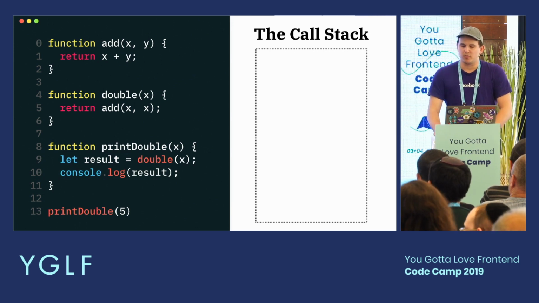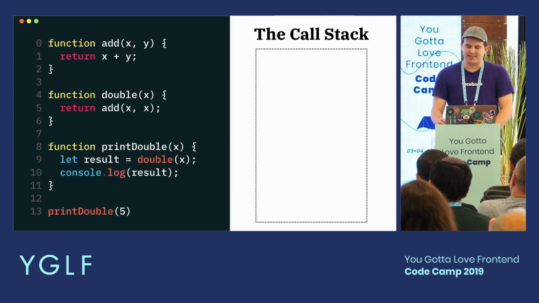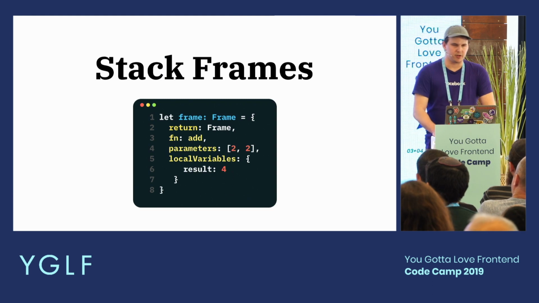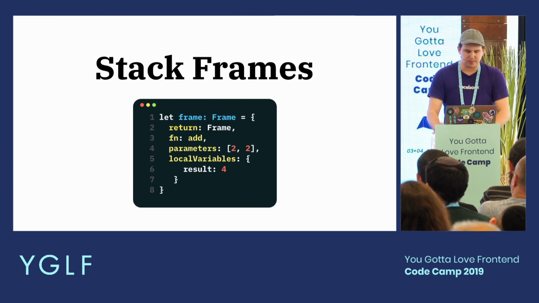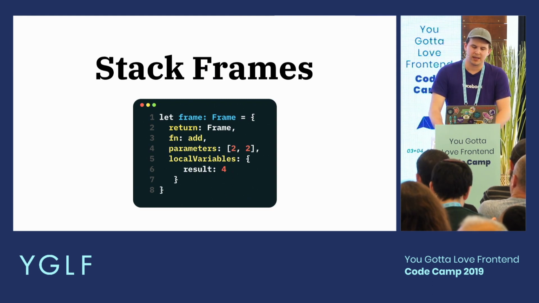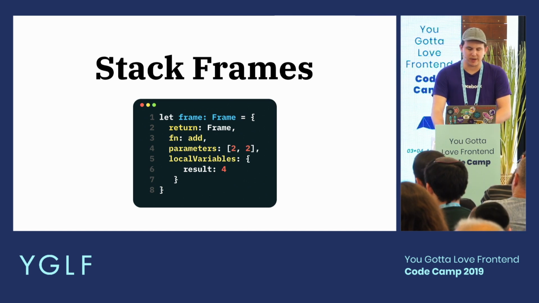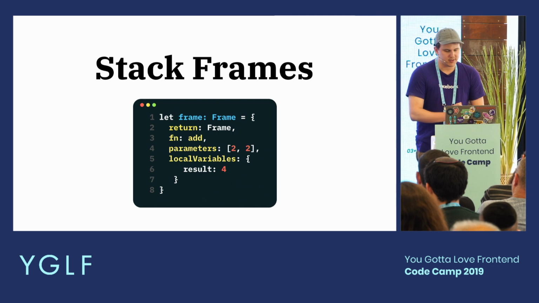So let's zoom in on what exactly a stack frame is, what it might look like. This is a simplified view of what you might see if you were to peek into a JavaScript engine. Like we said, a stack frame just stores basic information about the function call that it represents. So we can see this frame-specific data, like its parameters and local variables.